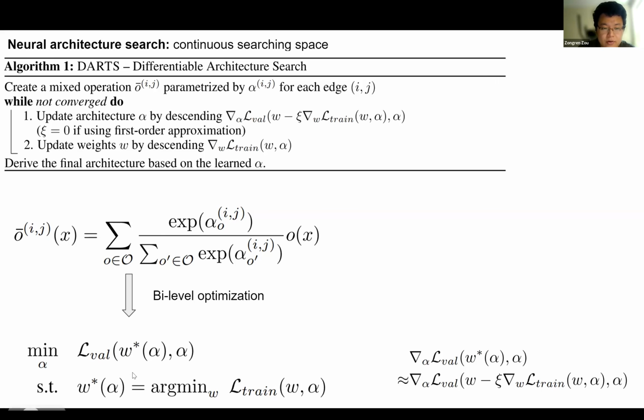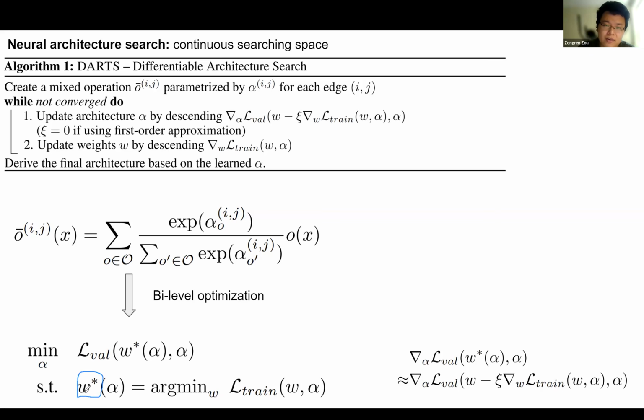So it's very clear that the problem is formulated correctly: we wish to find alpha such that, with the minimizer of the weights and biases for the training loss function, we have the lowest validation error on the validation data.